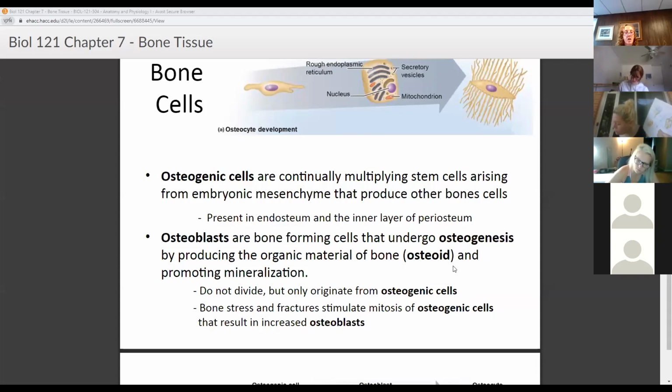So these are stem cells that are arising from embryonic mesenchyme that are going to produce other bone cells. They're present in the endosteum and in the inner layer of the periosteum.